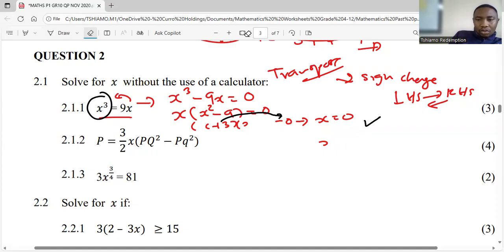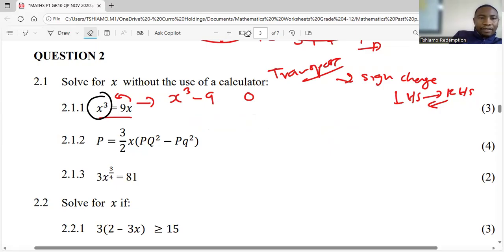Going to question 2.1.2 now. It says, solve the following without the use of a calculator. Solve for x, same thing. So the first thing we're going to do in this case, what are we going to do? I'm going to divide with the bracket. Divide both sides by the bracket.